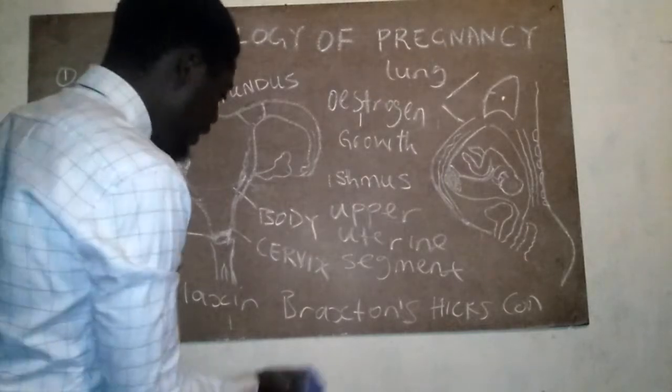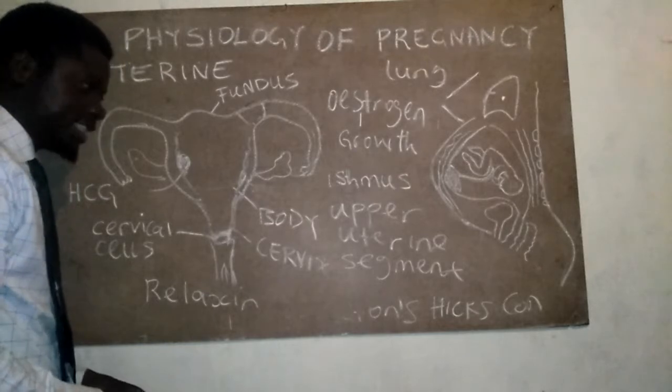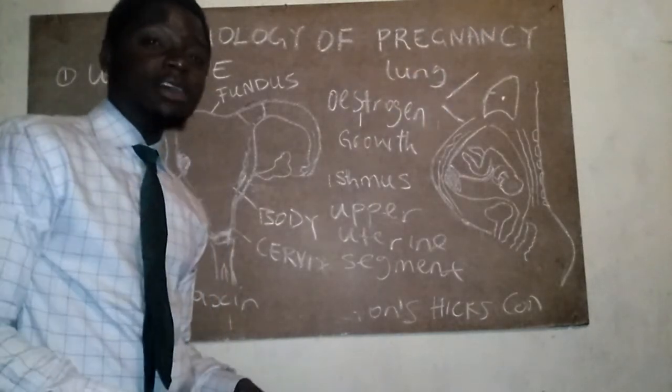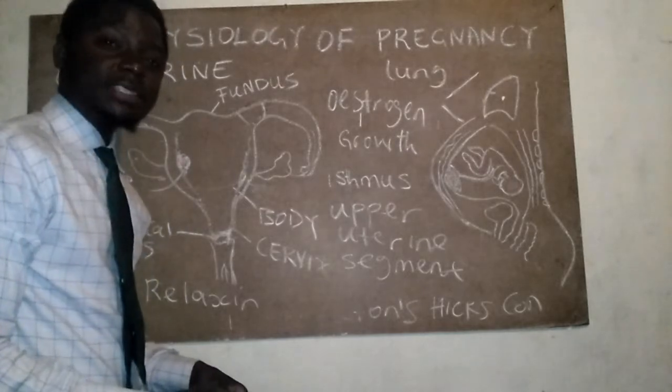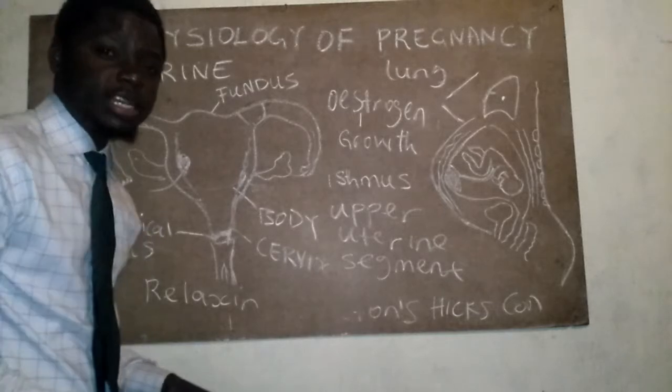And as well as that, we are going to talk about the changes in the skin. Those changes in the skin are a result of the melanocyte stimulating hormone produced by the anterior lobe of the pituitary gland.